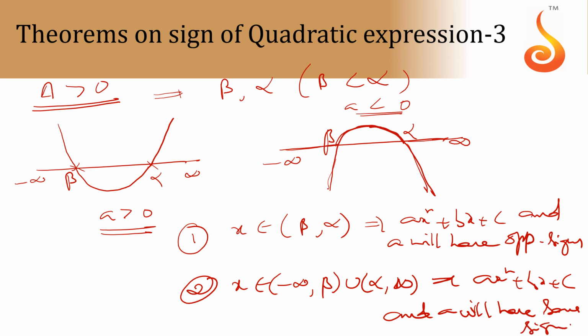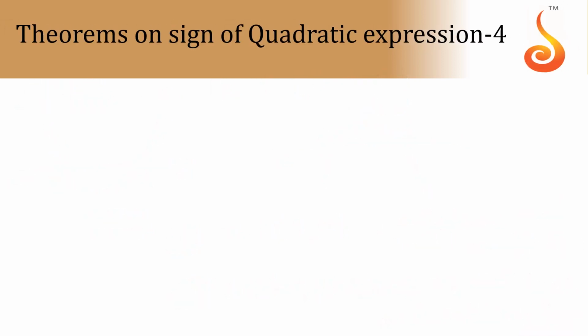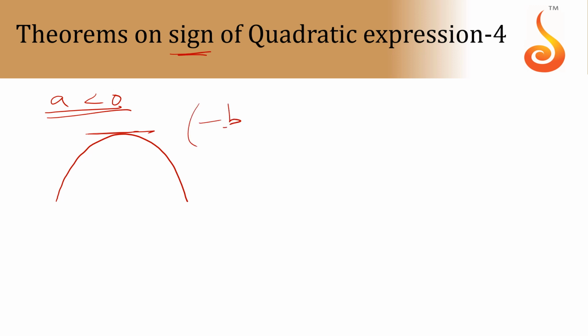So this is the next theorem. One more theorem, not sign actually, value. If a is less than 0, it will be a downward parabola, no? So for all x belongs to R, it will have a maximum value at minus b by 2a, and the value is 4ac minus b square by 4a, the vertex of the parabola.